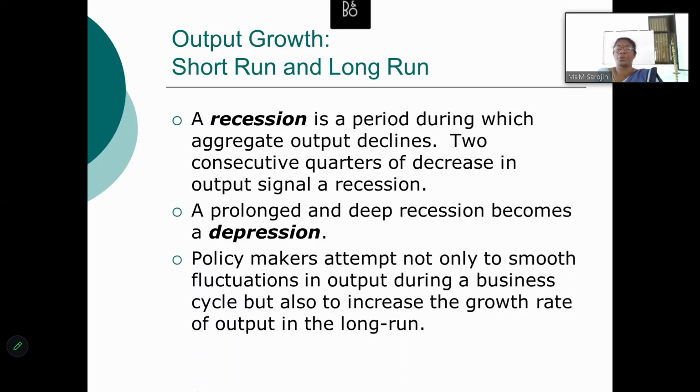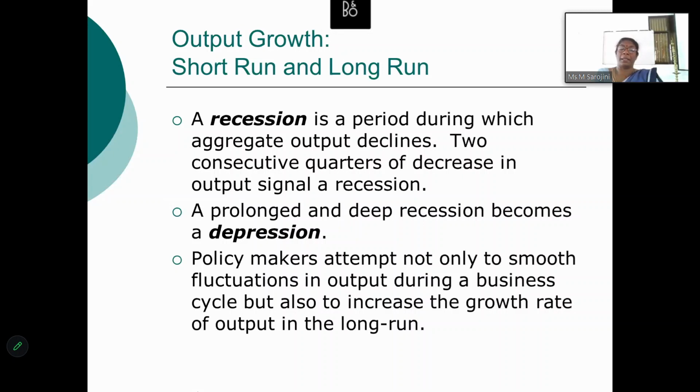Once it goes down continuously, it is identified as a recession. A prolonged and deep recession becomes a depression. Once the recession continues for the third quarter, it becomes a depression.